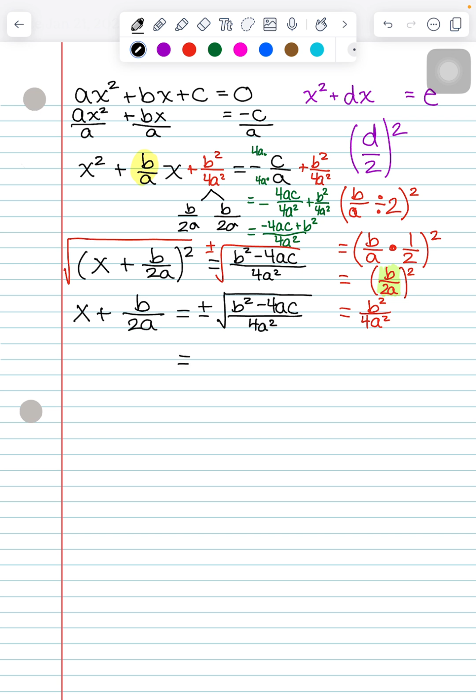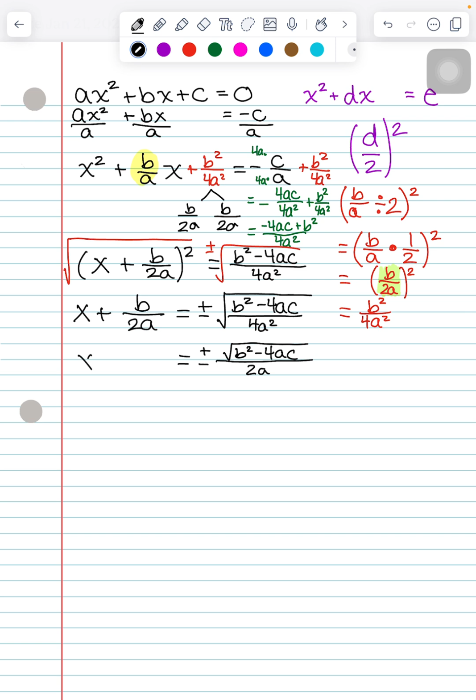Which means if I square root the top, I just get the square root of b squared minus 4ac. But if I square root 4a squared, those are both perfect squares, and between them is multiplication. That's a key thing. If there's addition or subtraction, you can't do anything about it. But it's multiplication, which means to square root 4a squared, I square root the 4, I square root the a squared, I get 2a.